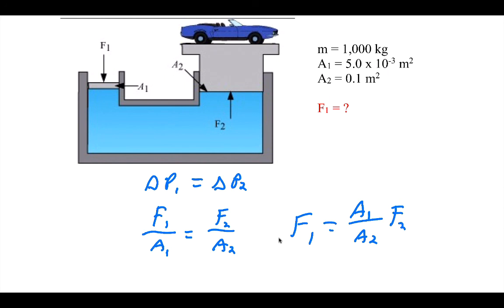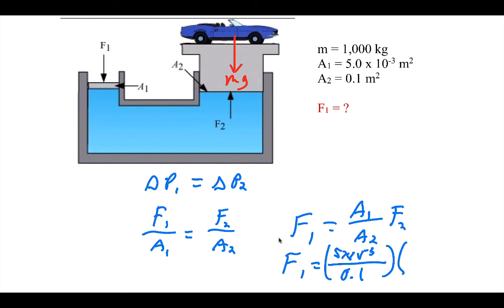Now, what does the force on the second side need to be? Well, if I'm lifting something, obviously what I'm countering is the weight of this car. That means that the force I'm applying is the first area, the small area, which is 5 times 10 to the minus 3 square meters, over the larger area, which is 0.1 square meters, times the weight.